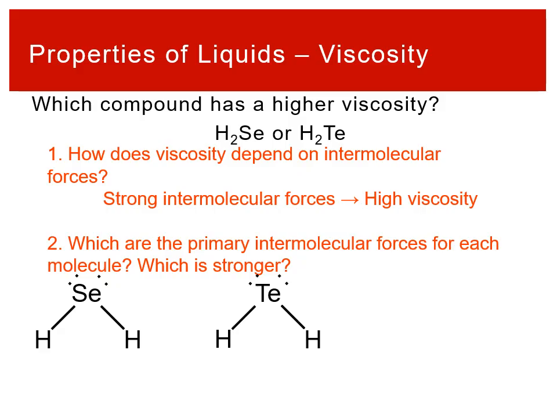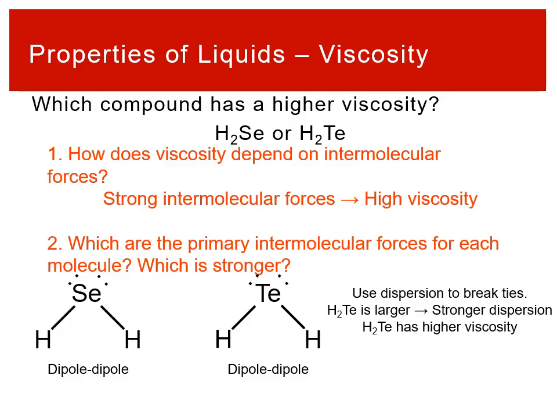So H2Se, H2Te: both selenium and tellurium are in group 6A, so we get 2 bonds and 2 lone pairs on each of them. These are both polar molecules. There are lone pairs on the central atom, meaning they're polar. Dipole is the primary intermolecular force. So we have a tie. Neither is stronger than the other, and we need to use dispersion.